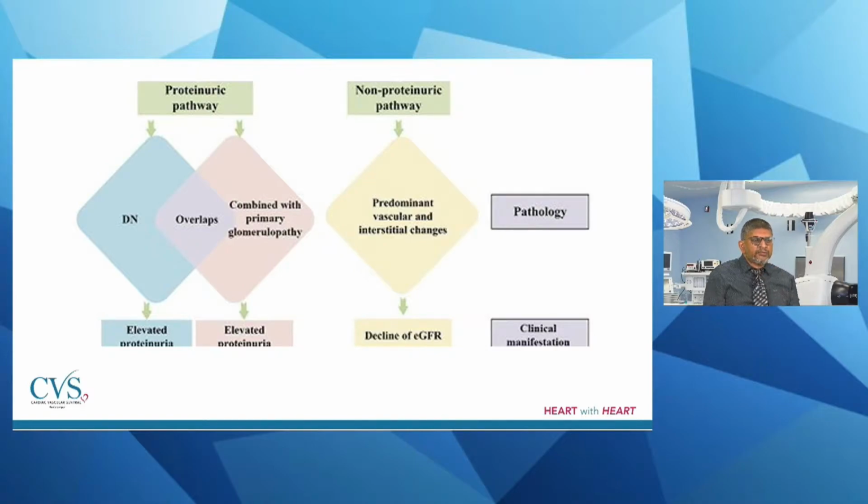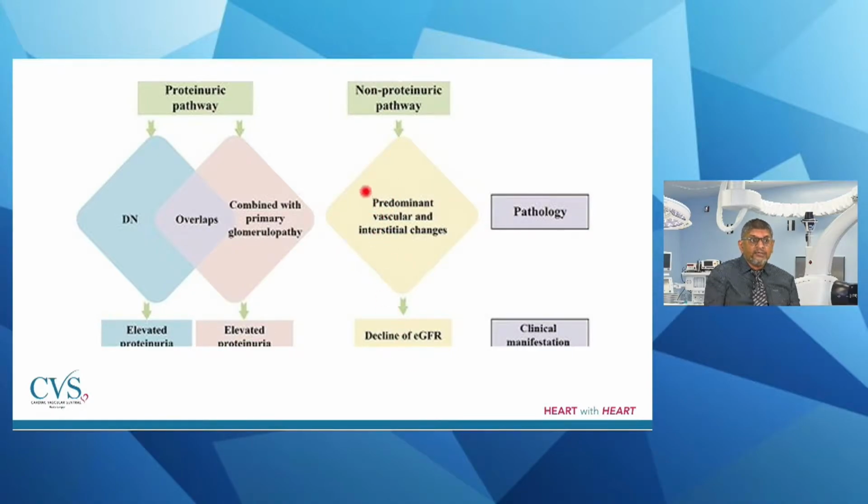So basically there are two main pathways for the pathology. This is the non-proteinuric pathway, where the pathology is coming mainly from vascular and interstitial changes. So it's more of the blood vessels, the microvascular disease, without much involvement of the glomerulus.